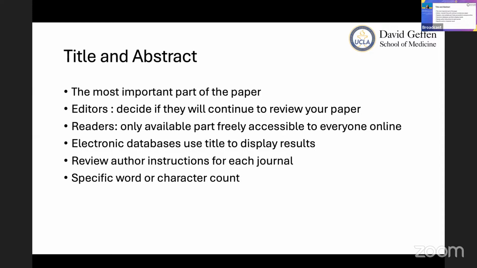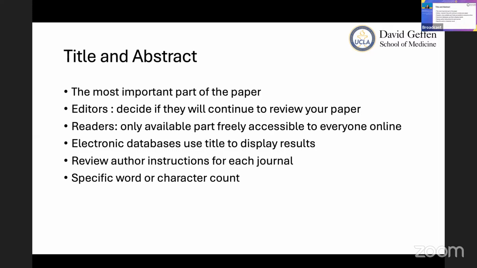Titles are linked to electronic databases, and they are what is used to display results. So if you are writing about postpartum hemorrhage and it is not in your title, people looking into postpartum hemorrhage literature will not be able to find your paper easily when they look it up on PubMed or Google Scholar or anything.